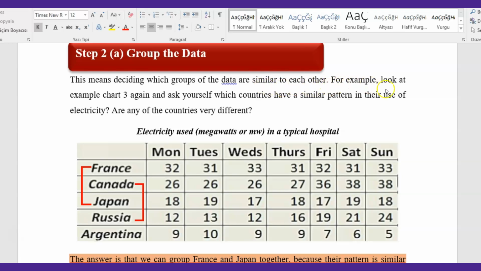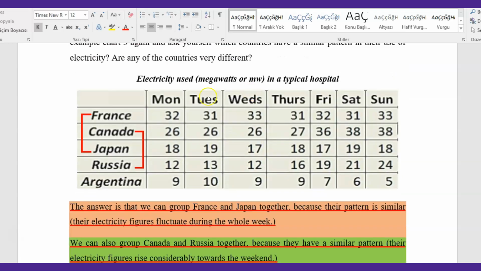For example, look at example chart 3 again and ask yourselves which countries have a similar pattern in their use of electricity. Are any of the countries very different? France goes from 30 to 31, 33, 31, 32, so it fluctuated.